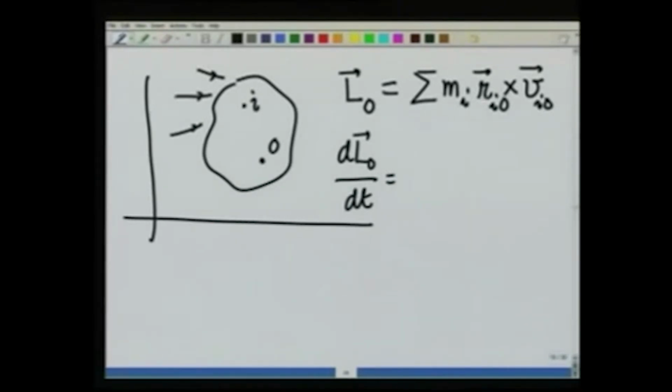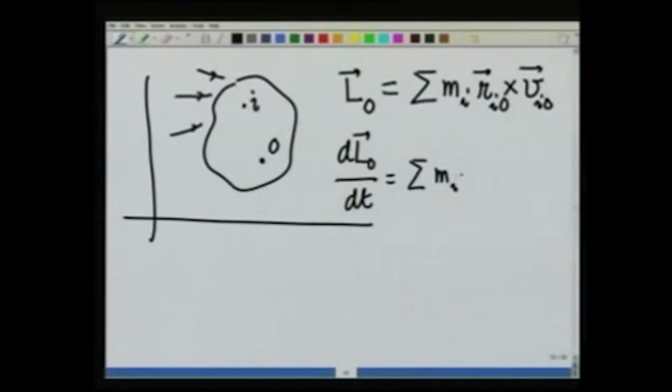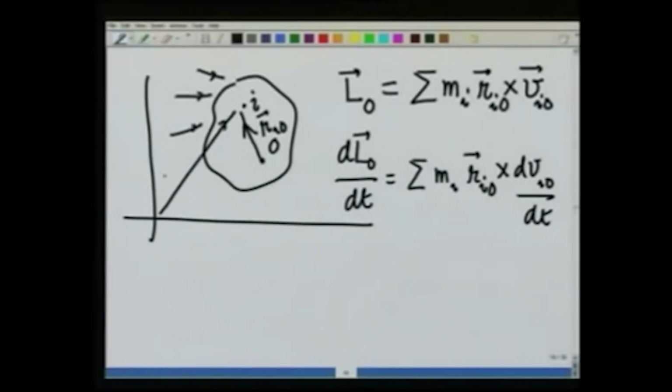When we take the first derivative dr/dt, that gives you 0 when crossed with velocity. So, it comes out to be summation m_i r_iO cross dv_iO/dt. Let me show you, this is r_iO, this is r_i, that is the coordinate of the point with respect to an outside origin, and this is r_O.